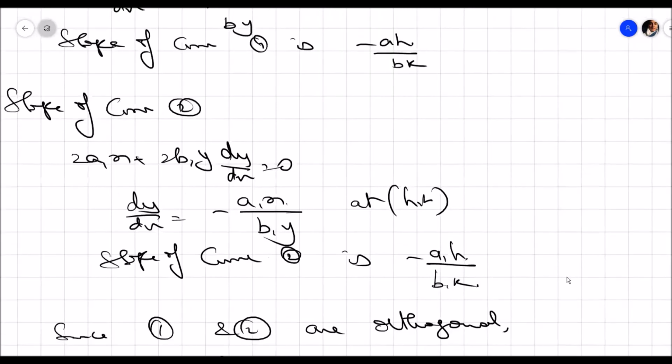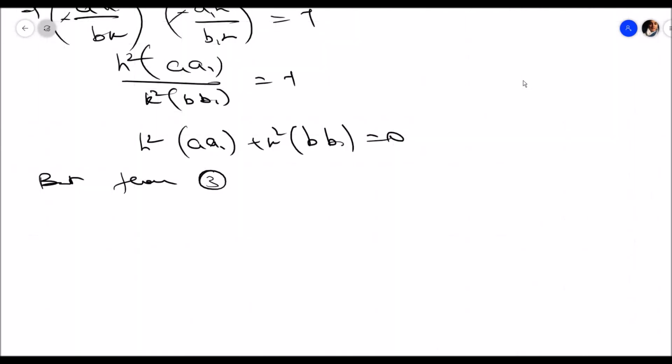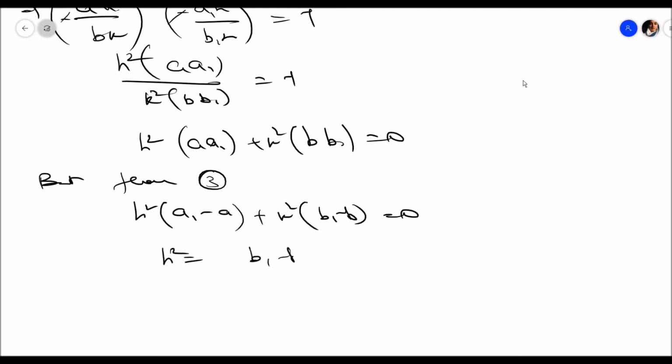In fact, let me first write down equation 3 here: h square into a1 minus a plus k square into b1 minus b is equal to 0. Fine. So h square is nothing but b1 minus b into k square with a minus sign divided by a1 minus a. Okay. So this h square I'll substitute it over here.